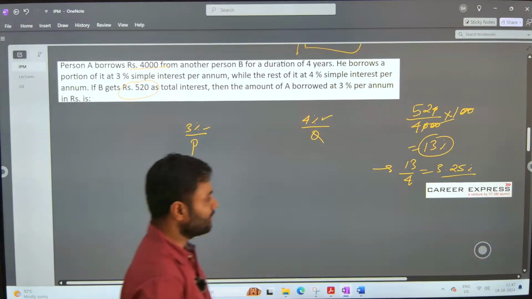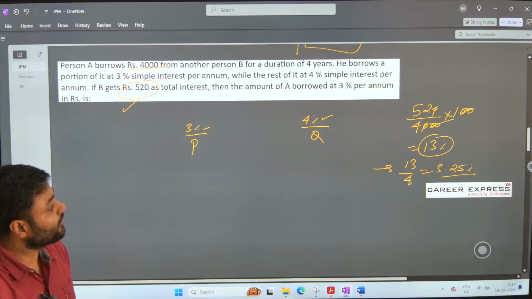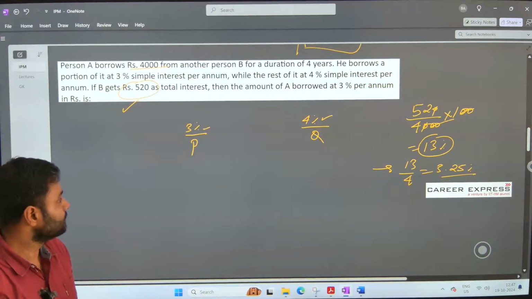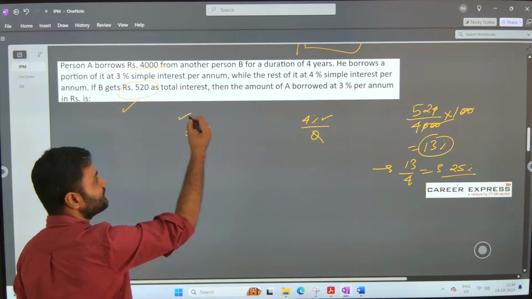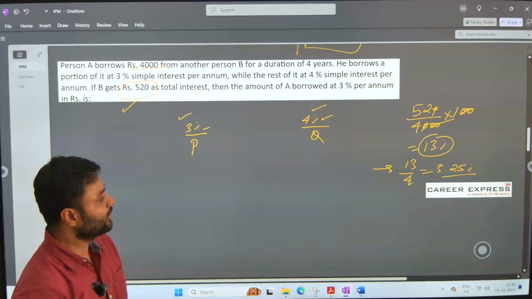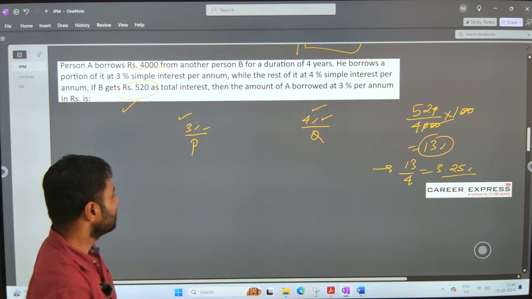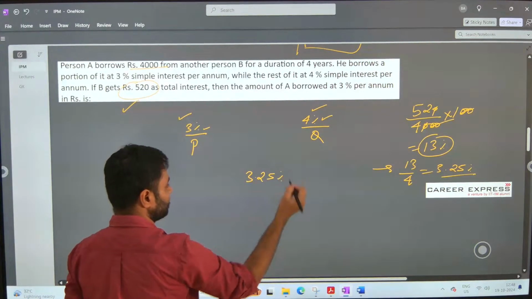So we can say on an average, B gets 3.25% interest per annum. He gives out two different amounts, one at 3%, one at 4%, and on an average, he gets 3.25% interest per annum. So we can write 3.25% here.